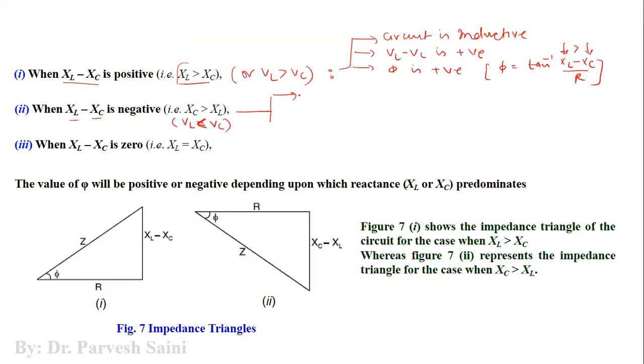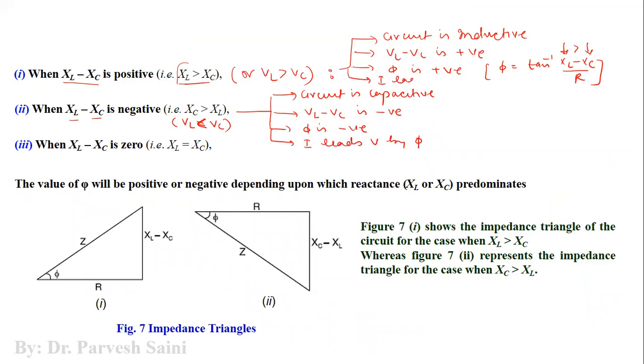So in this case, the circuit is capacitive, and your VL minus VC is negative and phi is negative, and we can say that I leads V by phi, and here I lags V by phi.